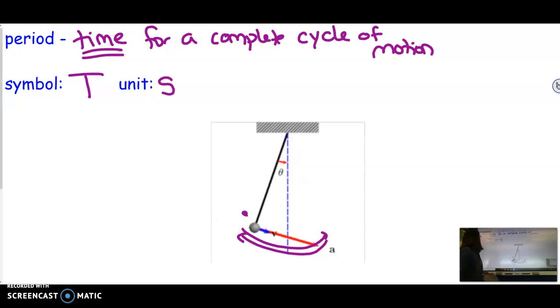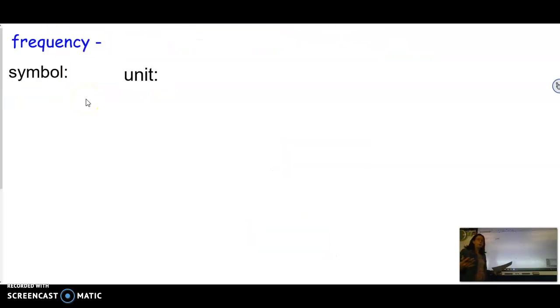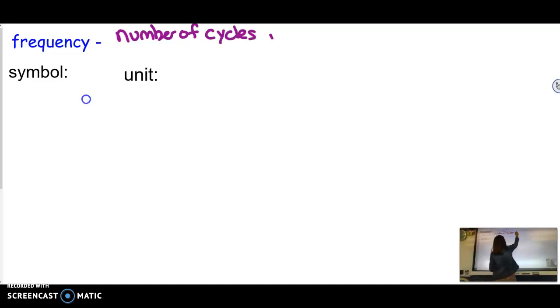All right, now the next word that's somewhat similar is frequency. And what frequency is, it's the number of cycles per unit time. So in other words, when we have per, that's like a fraction.